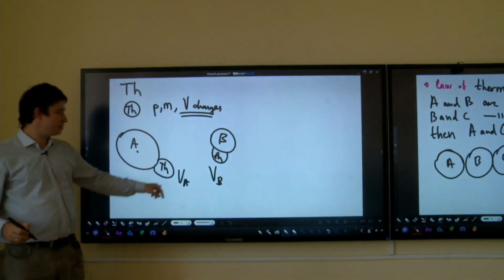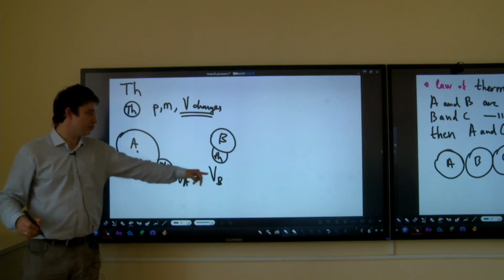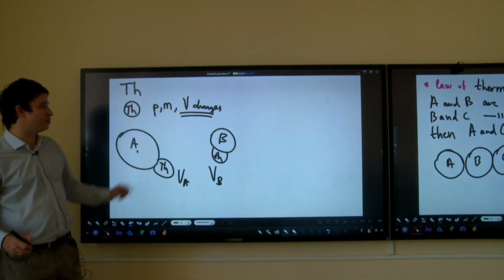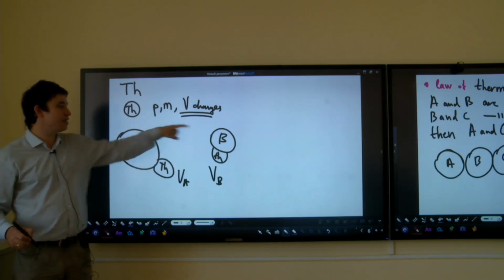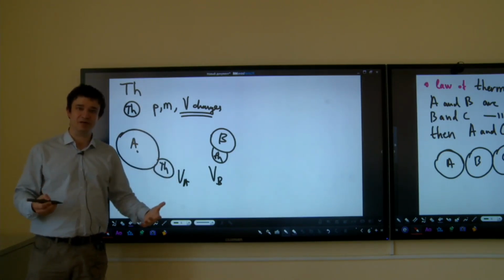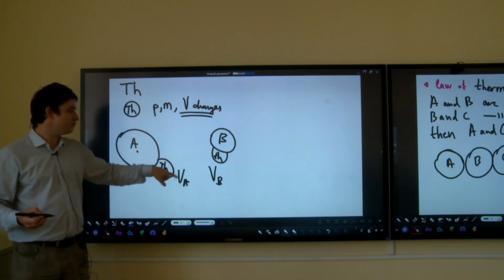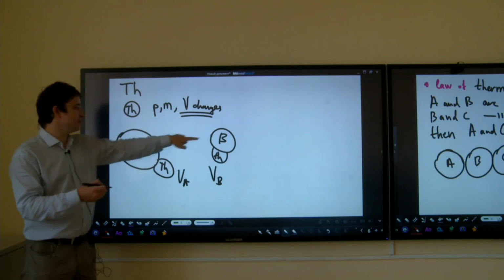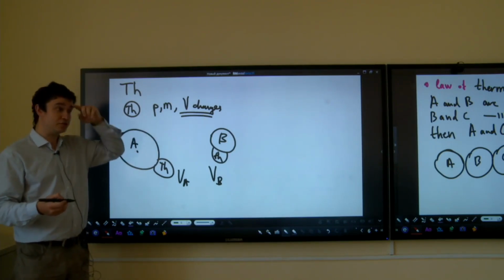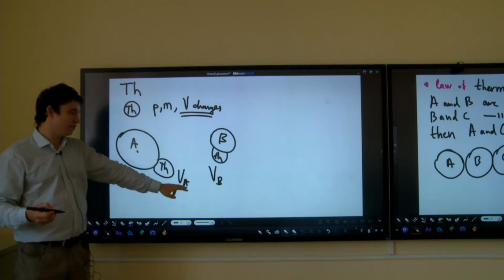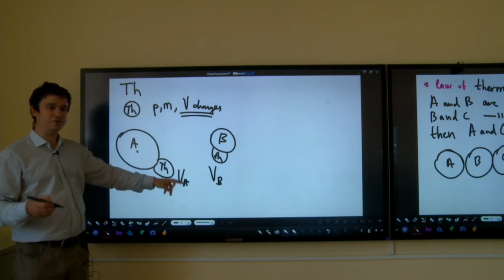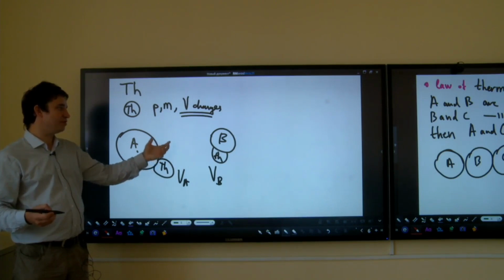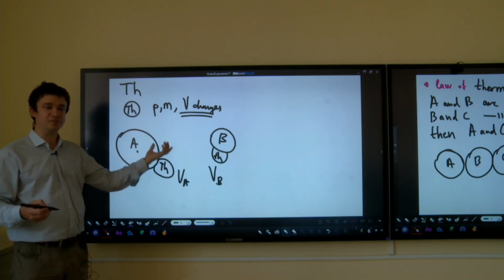And if these two volumes, if these two variables are equal to each other, then according to the zeroth law of thermodynamics, systems A and B would be in thermal equilibrium with each other. But if these two variables are different, then if I bring these two systems in close contact to each other, these characteristic volumes would change, because in absence of thermal equilibrium, this equilibrium would be established after some time.